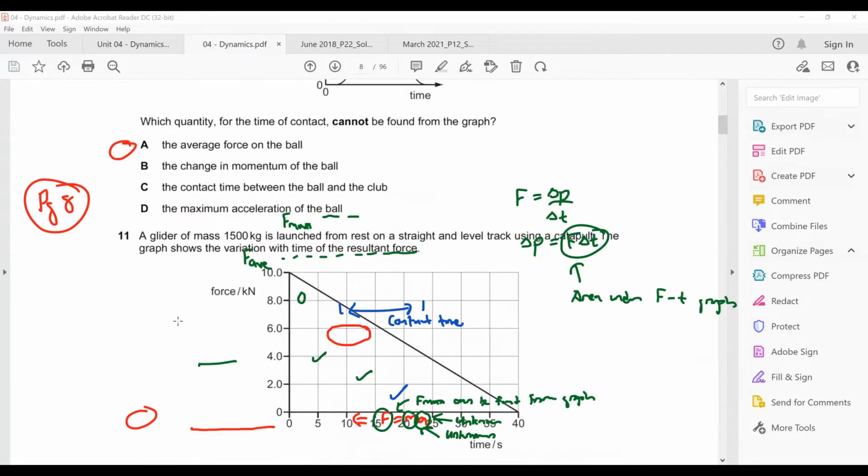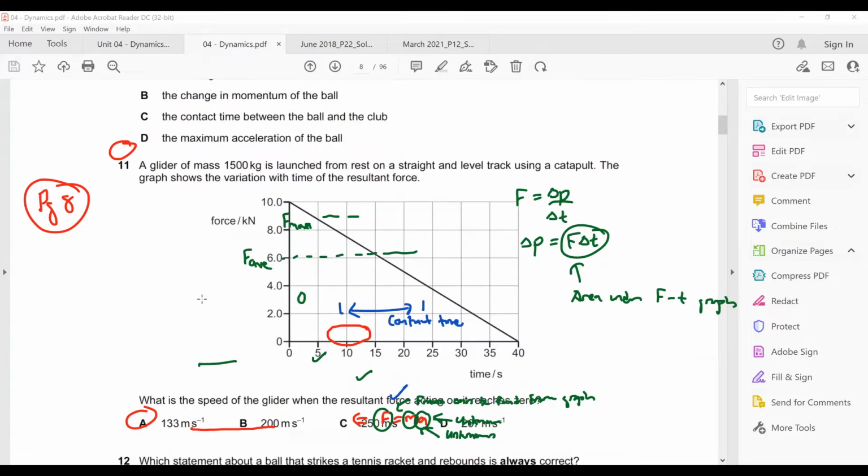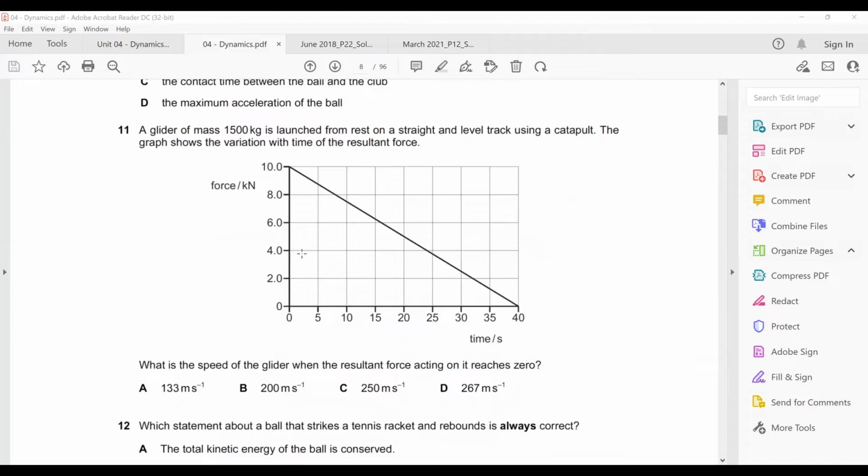Then after that, question 11. Let me have a look at question 11, also on the same page. A glider of mass 1,500 kg is launched from rest on a straight and level track using a catapult. The graph shows the variation with time of the resultant force. What's the speed of the glider when the resultant force acting on it reaches 0?